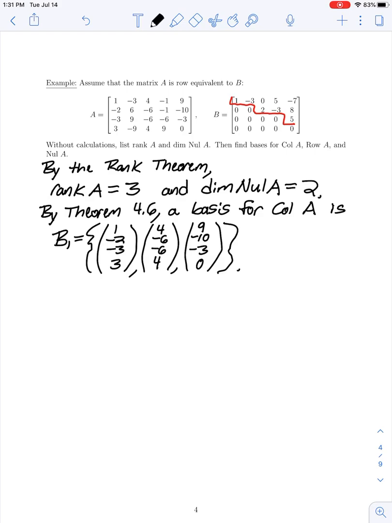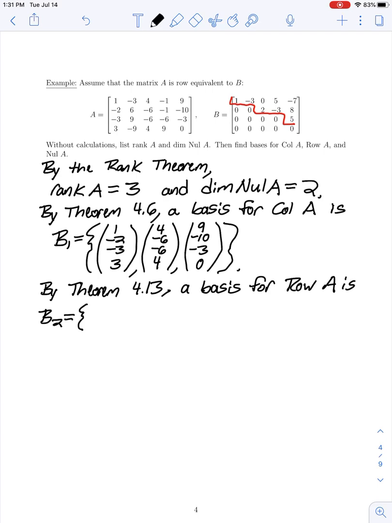Now to get a basis for the row space, we can make use of theorem 4.13 that we started out this section with, which said that the non-zero rows of an echelon form of our matrix form a basis for its row space. So by theorem 4.13, a basis for the row space of A is the set of non-zero row vectors.